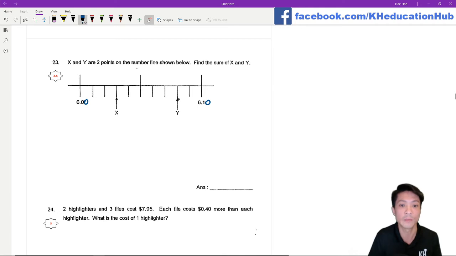Which means that the midpoint over here is 6.05. This is 6.01, right? So it's 1, 2, 3, which means that X is basically 6.03. Y will be 5, 6, 7, 8, 6.08, right? Add them together, you get 12.11.